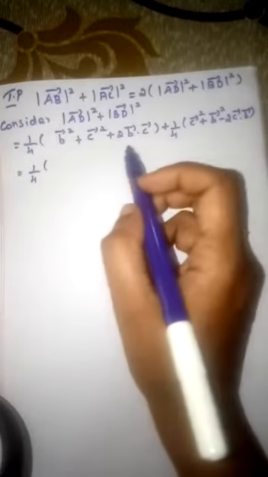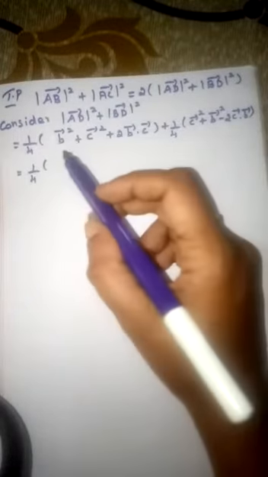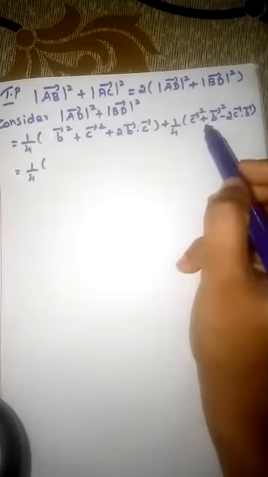Now we take 1 by 4 commonly outside. Here 2 b·c and 2 c·b cancel, both are the same.